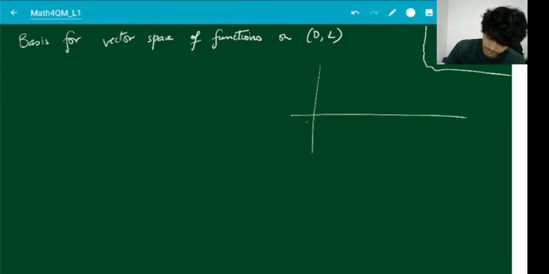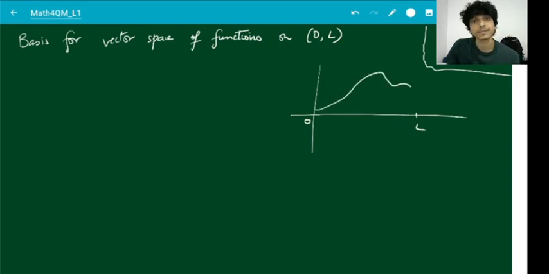So again 0 to L, and in general some function over this. I want to find out what is a good set of basis vectors in terms of which I can write all of these functions. Should be a little careful, they're not all functions. I'm specifically talking about continuous differentiable functions, but okay, for all functions of physical interest at least.